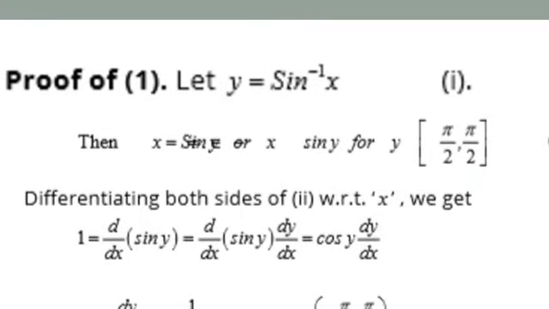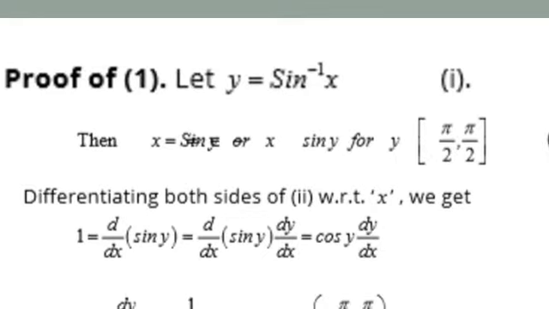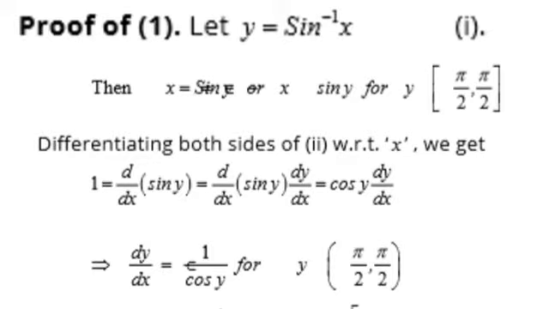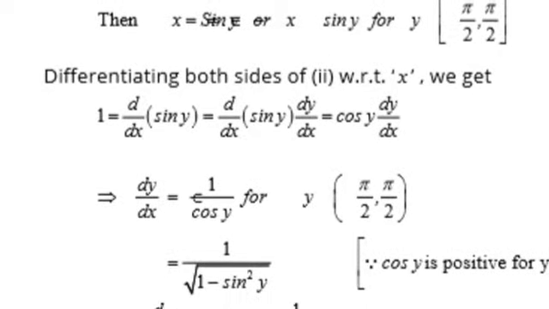Now we prove the sine inverse formula. We let y equal sine inverse x. We move sine to the left hand side, and it becomes sine y equals x. Now differentiate these values. The derivative of x is 1, the derivative of sine y is cos y, and the derivative of the angle is dy by dx. Again we divide by cos y, and it becomes 1 over cos y.